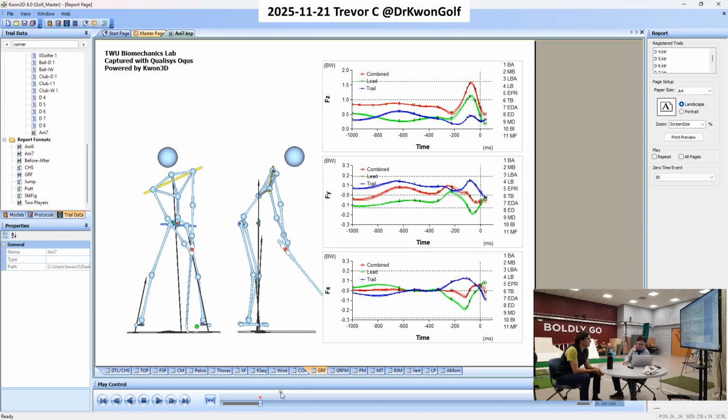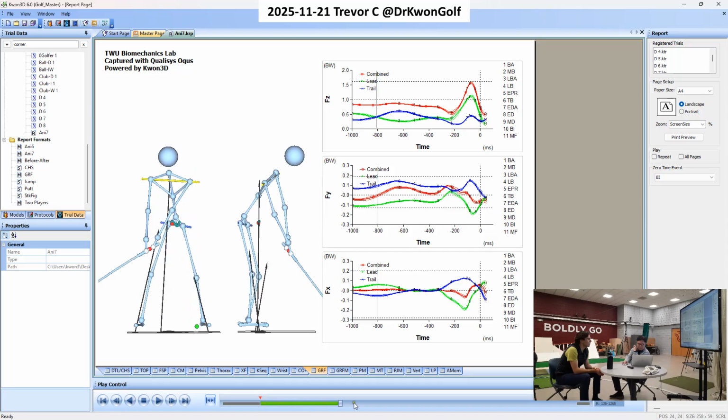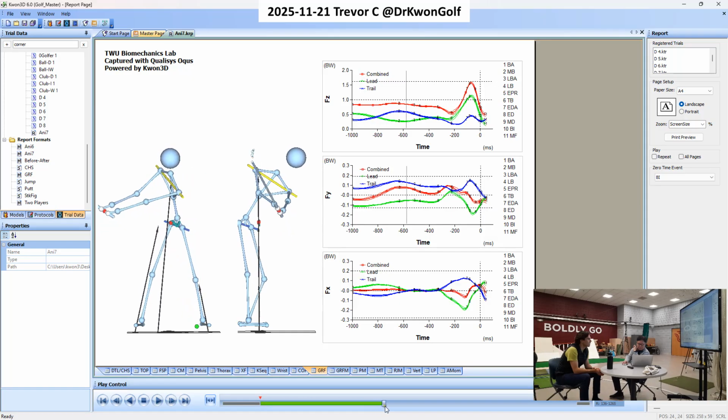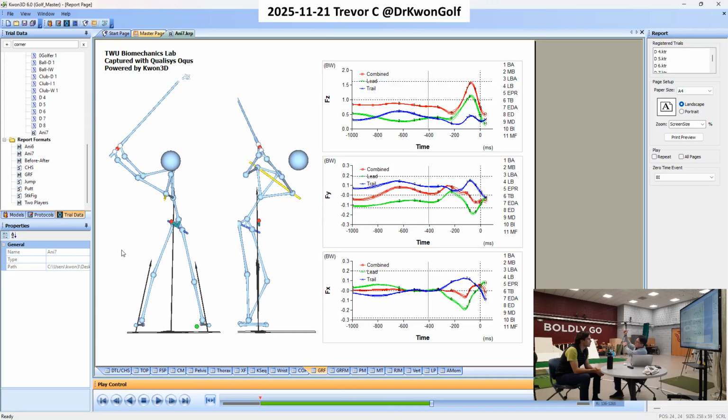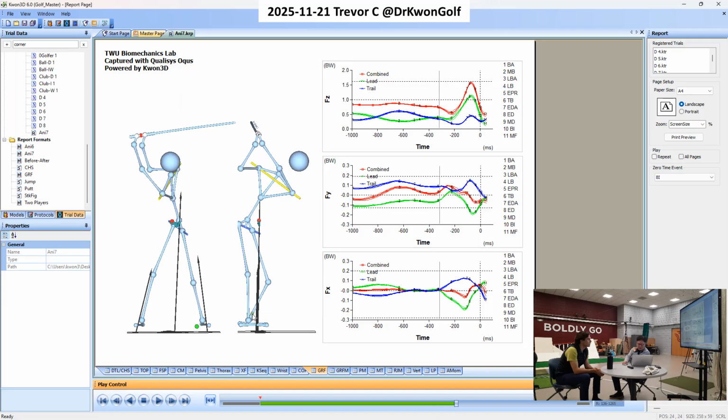When you start the motion here, up to this point, you're pushing the ground in the forward backward direction, and then creating the initial rotation here. But once you pass this point, it's pretty much just lifting the arms and club here. That's why from here to here is quiet, with no forward backward force. You see, the arrows are just upright in this view, so it's not inclining forward backward.